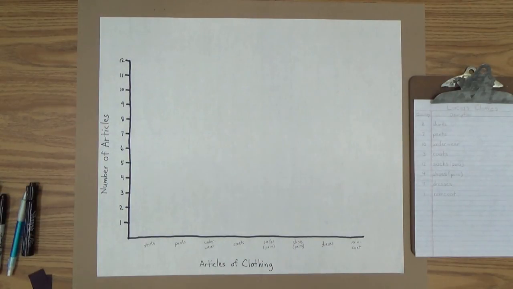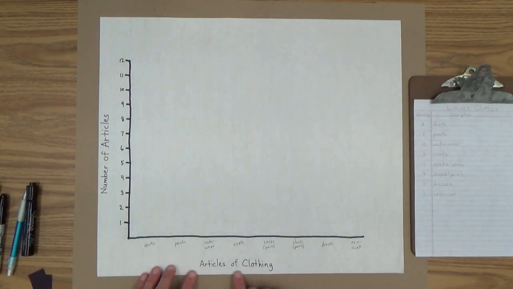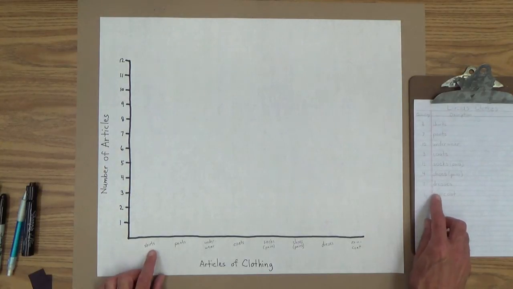So as you can see, I've now labeled the columns and the rows in this graph, and let's talk about that a little bit. Here on what I call the horizontal line, or the horizontal axis, I'm calling this articles of clothing, and I'm taking this right off the list we made.